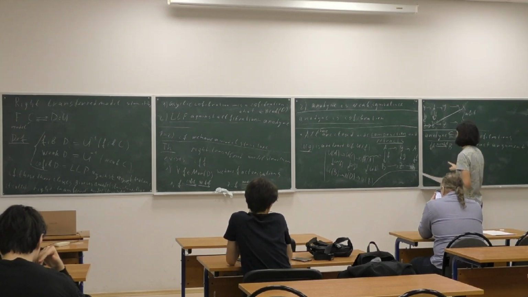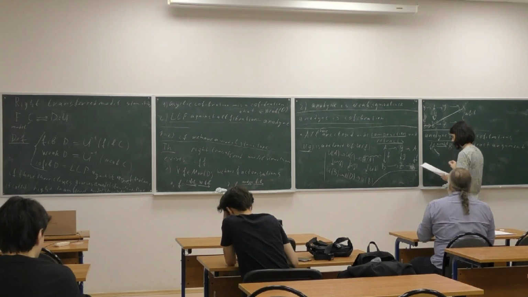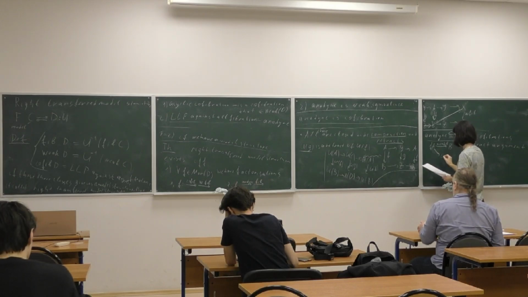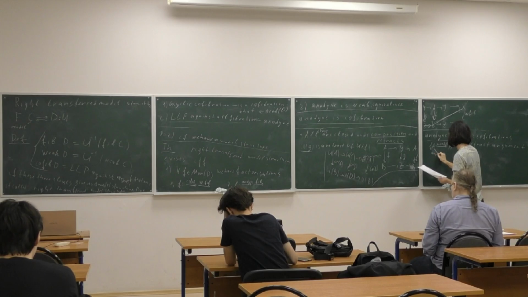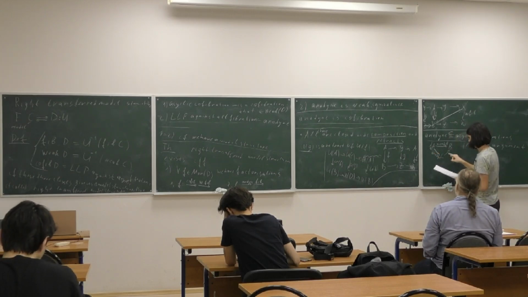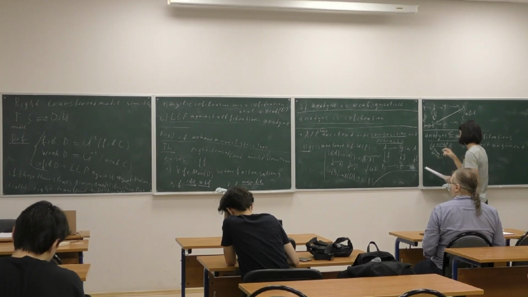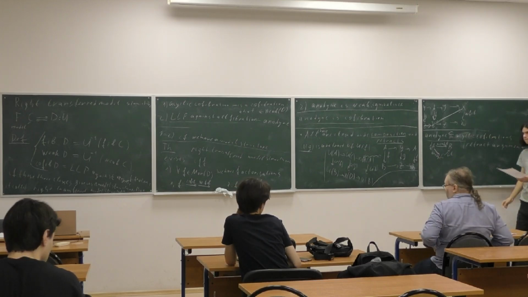So we know that every map has a factorization of this type: a fibration followed by an anodyne map. Well, this is one of the assumptions.